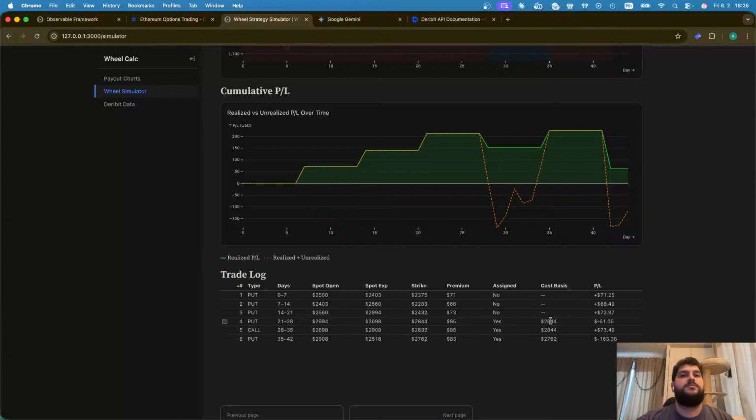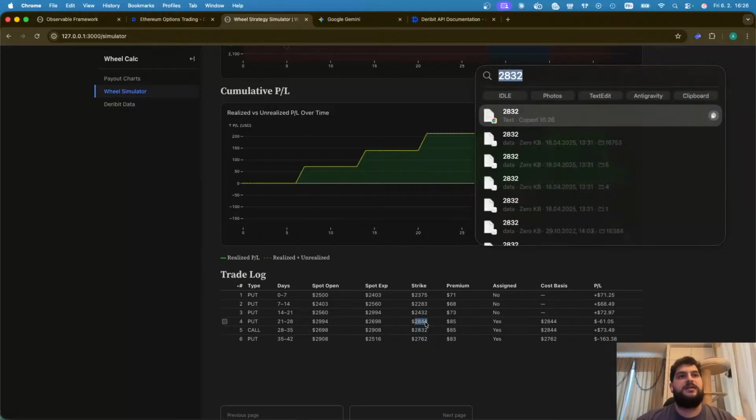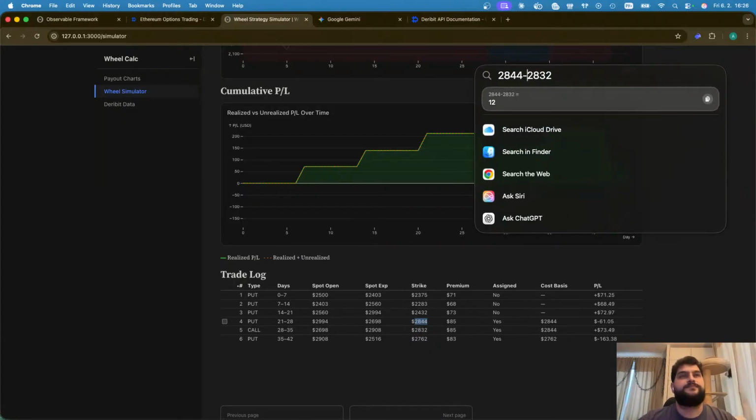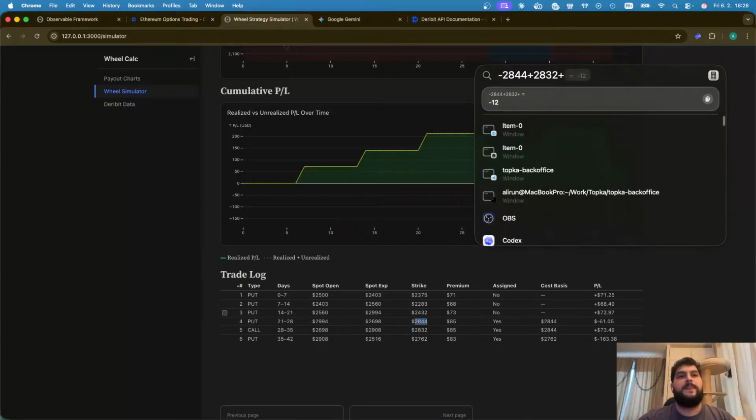Okay, I see now. So here we purchased at 2,844 because it was our strike price. Then here the strike price was this one, so that's why we sold it at this price, right? So we purchased it like this, then we sold it like this, and we also got premium. That's why we were at 73 plus.